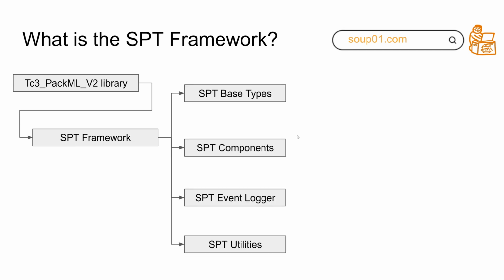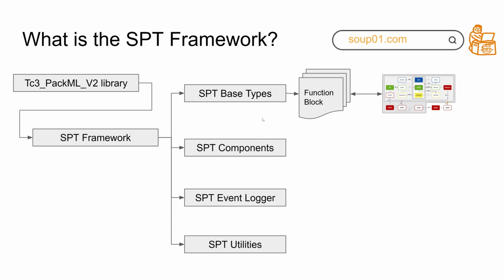And for the SPT Framework, there are four very important components. The first one is SPT basic type, and then we have SPT components, SPT event logger, and SPT utilities. For the SPT data types, SPT Framework gives some function blocks to let you handle the state machine.